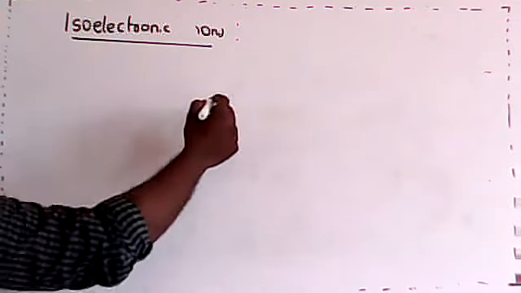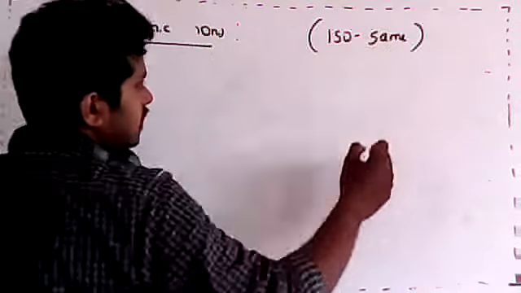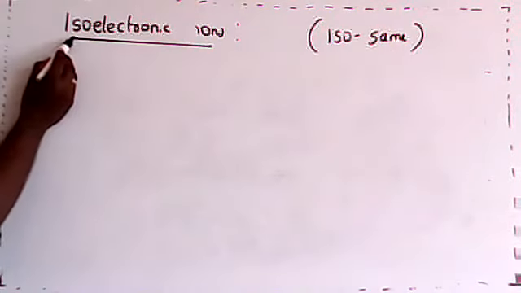First of all, you should understand what you mean by isoelectronic. Remember this word, iso means same. Iso means same. Now it makes sense. Isoelectronic means different elements with the same number of electrons.